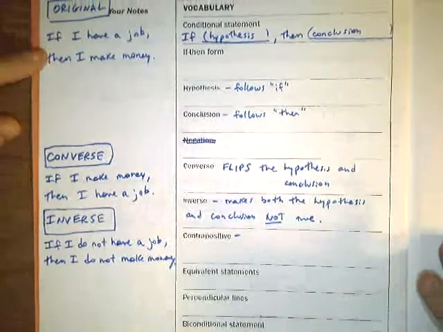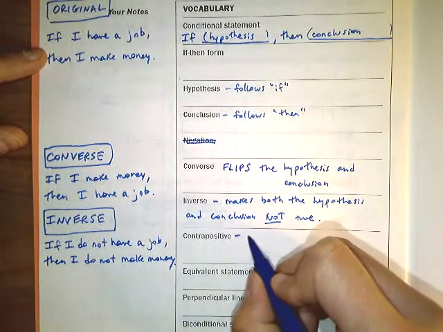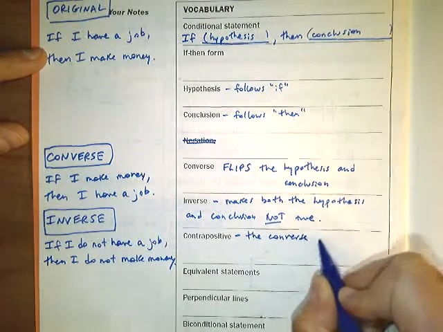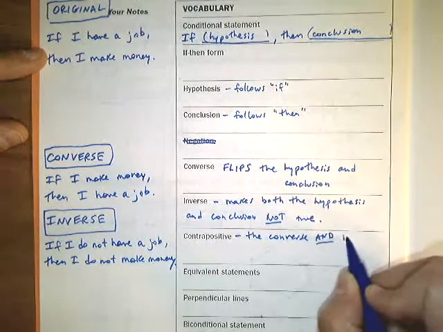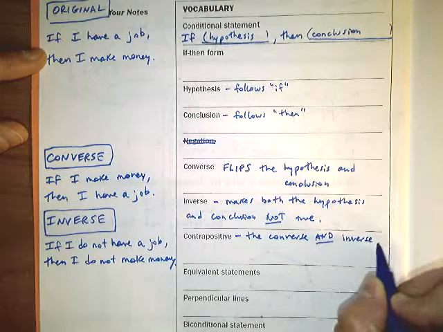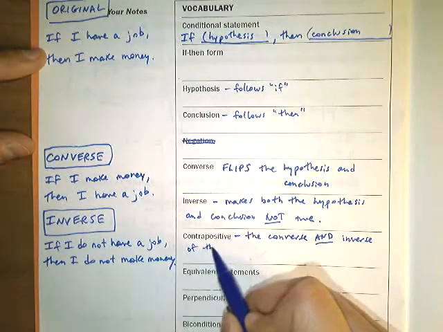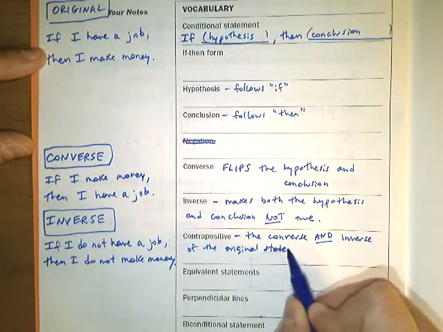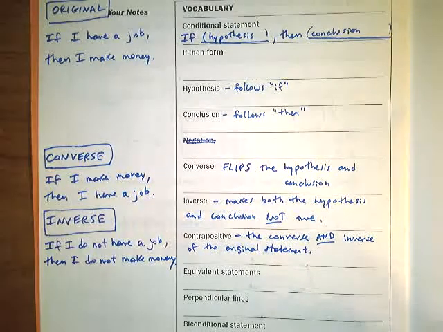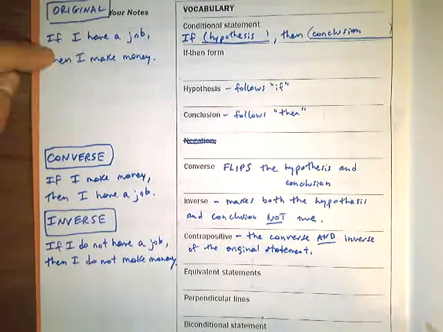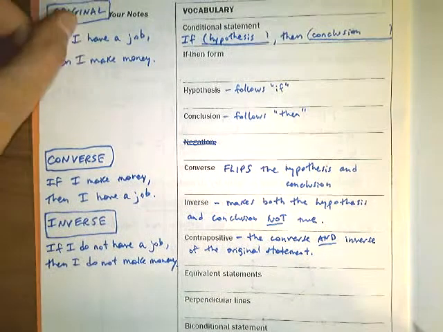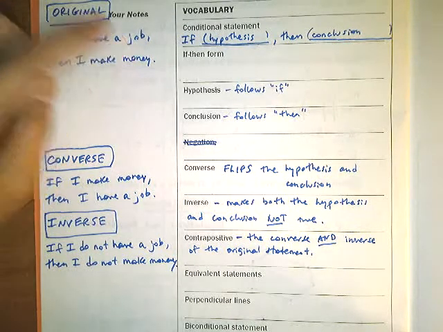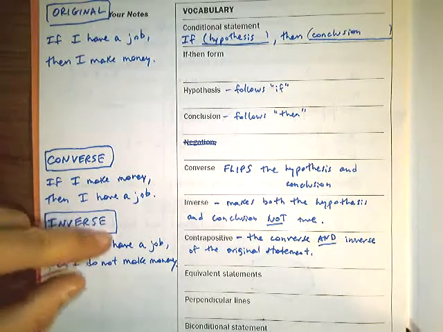The contrapositive is the converse and inverse of the original statement. Basically, we're just going to do both of these things to the original statement. The converse flips them around so that it says, if I make money, then I have a job. And the inverse makes them both not true.